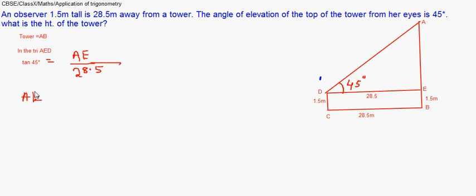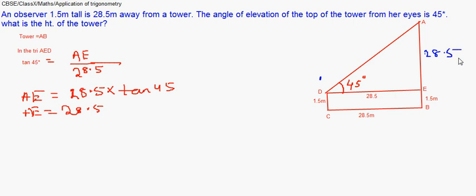So AE is 28.5 multiplied by tan 45. Tan 45 is 1, so AE is also 28.5.